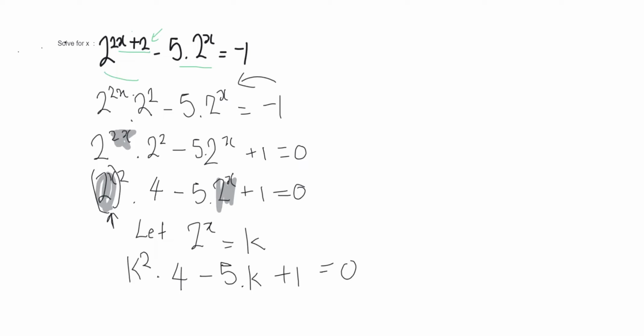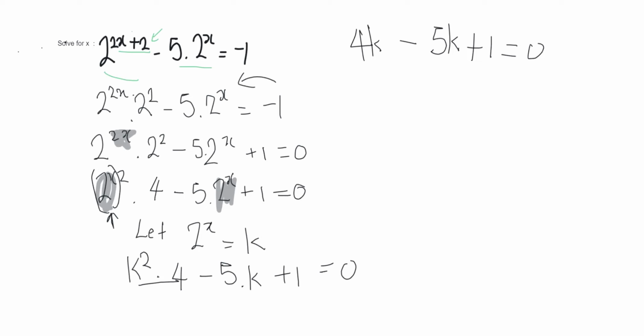Remember, this is the same as k squared multiplied by 4, which means you are going to have 4k squared, and then subtract 5k plus 1 is going to give you 0. Now, can you solve this? Yes, you can solve this.